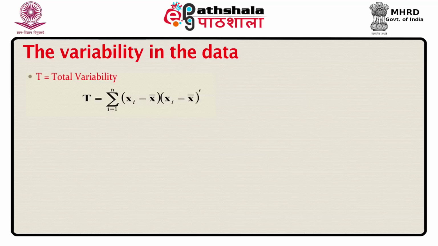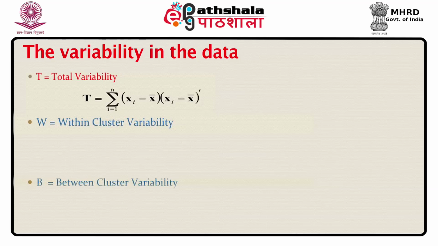Now when you form the clusters, this total variability is actually subdivided into two things. One is the within cluster variability W, and the other is B, the between cluster variability. The within cluster variability is given by summation j equal to 1 to k, i belonging to Cj, that is the jth cluster, (xji minus xj bar)(xji minus xj bar)'. If you look at the inner sum here, the inner sum is the within the jth cluster sum of squares.